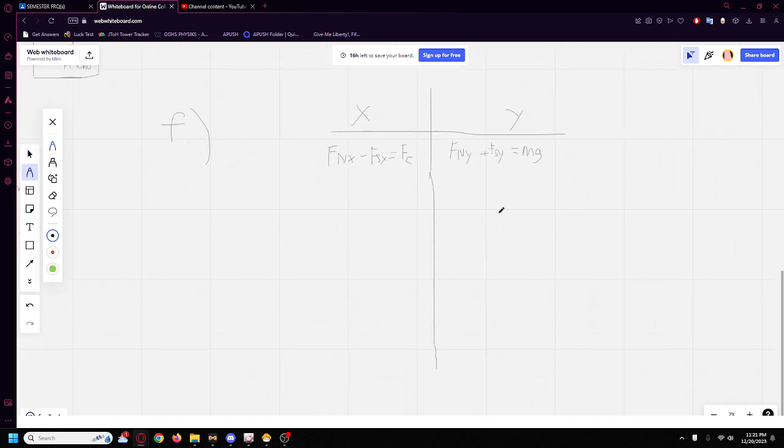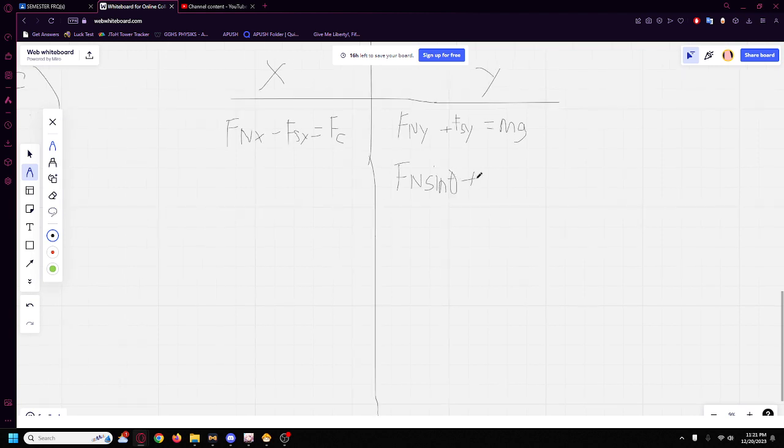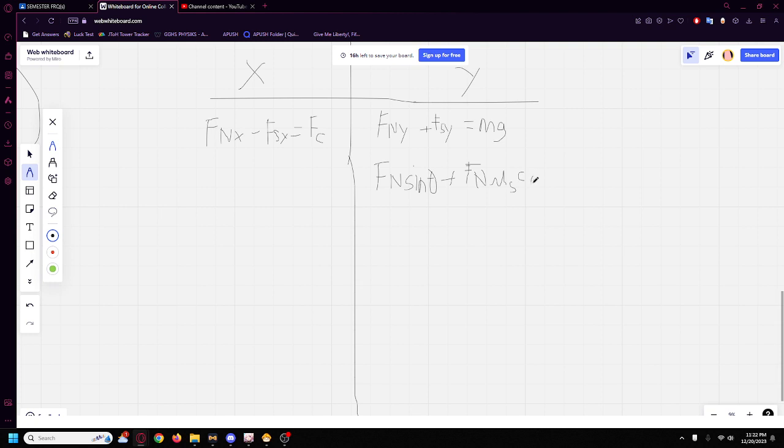So in the y direction, it will be FN sine theta plus FN mu s cosine theta is equal to mg.